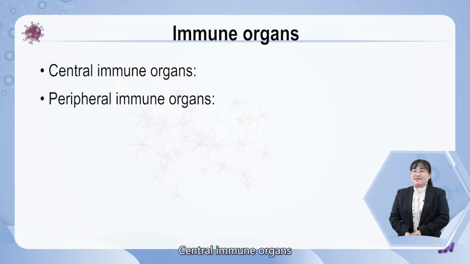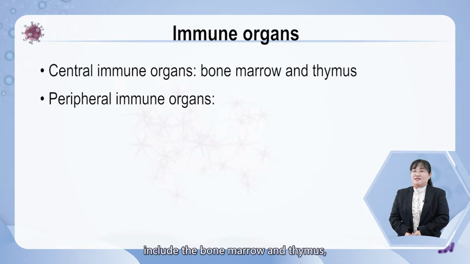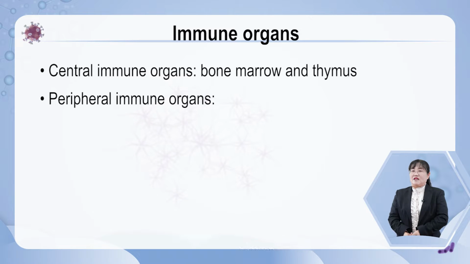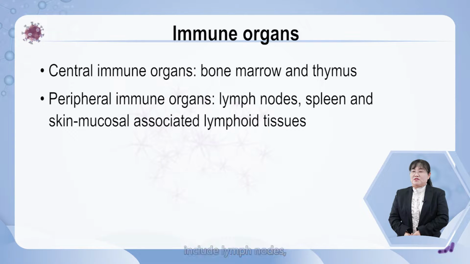Central immune organs include the bone marrow and thymus, both of which provide the places for lymphocyte development, differentiation, and maturation. Peripheral lymphoid organs include lymph nodes, spleen, and skin mucosal-associated lymphoid tissues. Peripheral lymphoid organs provide a place where immune response usually occurs.